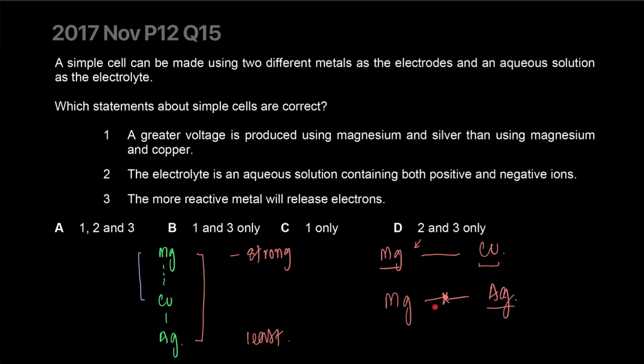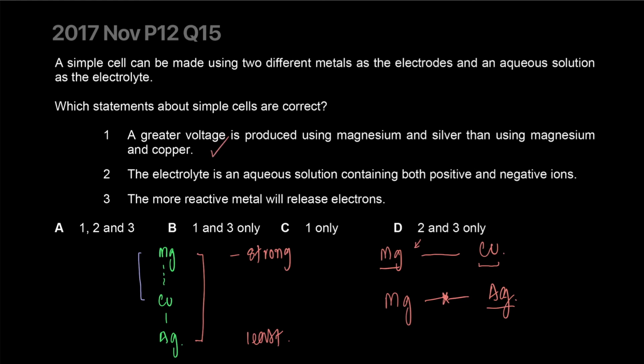So this is just annihilation. Magnesium will overpower it. So similarly, what's going on over here is magnesium will easily overpower silver and create a stronger voltage difference.